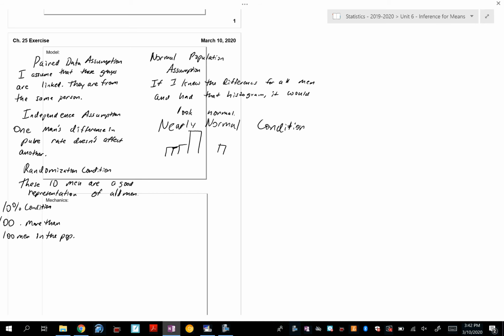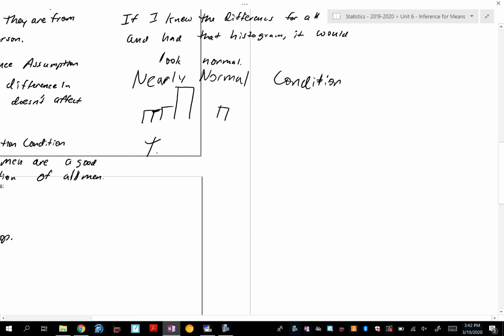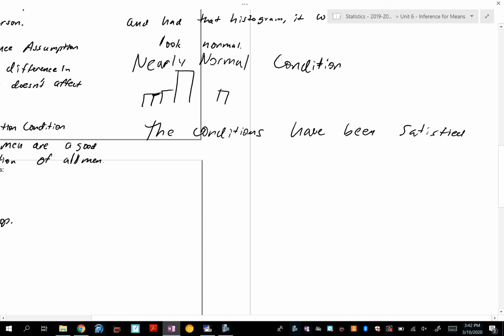The sentence, right? Remember that sentence? All right, the conditions have been satisfied. Or met. Met is fine. Met is totally fine. Right? Conditions have been met. Conditions have been satisfied. So I will use a T model with, who knows what I'm going to say here?